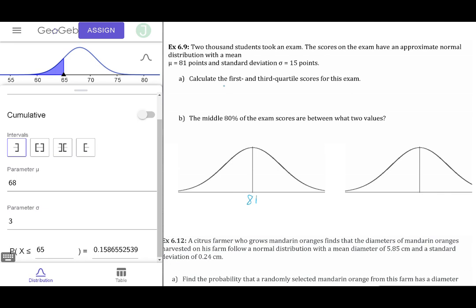Well, the first quartile, Q1, is the 25th percentile. Oops, that's how you spell it. The 25th percentile, which means that there is a value that has 25% of the distribution to the left of it.